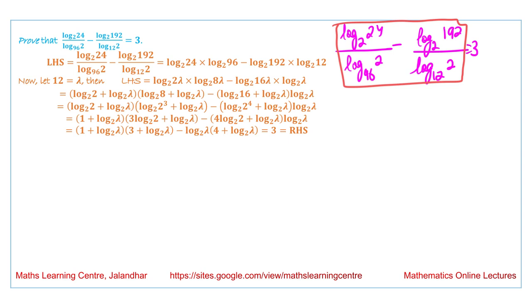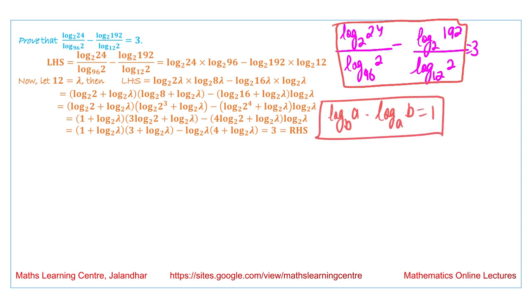Now over here again we are using the result that log ab into log ba is equal to 1. So when we look at this value over here, we have log 2 to the base 96, that is equal to 1 by log 96 base 2.